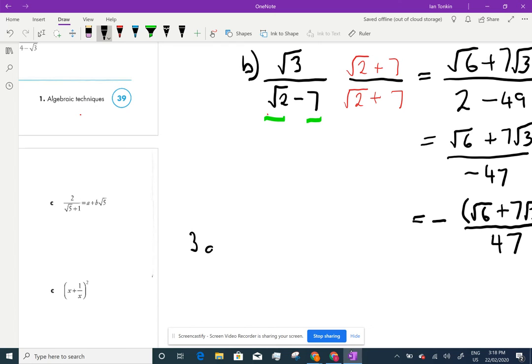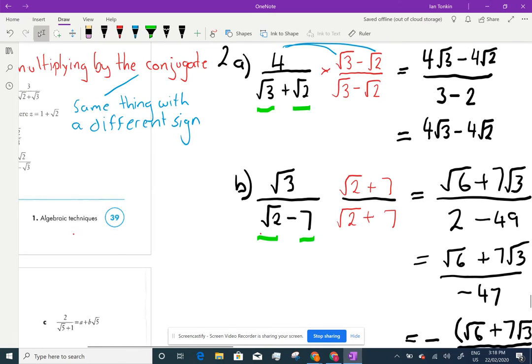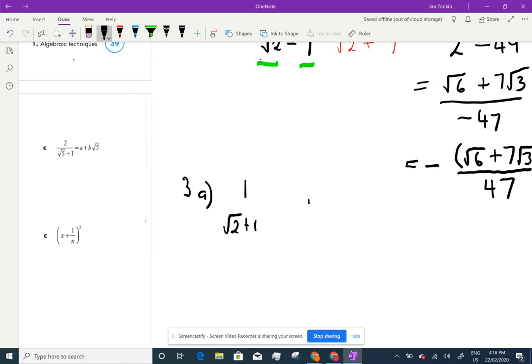So 3A, 1 on root 2 plus 1, and is it minus or plus? Plus 1 on root 2 minus 1. Now, you can see I've left a gap there because I'm going to put the conjugate in straight away.